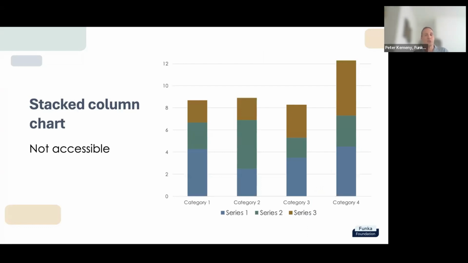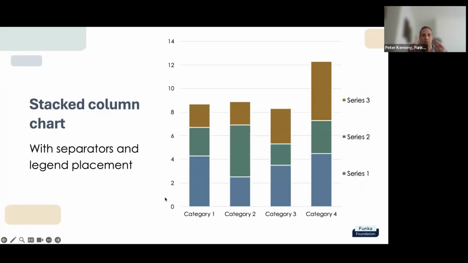Now let's look at stacked column charts. This is the same way not accessible as the first pie chart was. The contrasts are not enough between the sections, and it's difficult to pair the legend with the sections. So even more visible when it is in grayscale. What can we do? Here we can use separators as well.